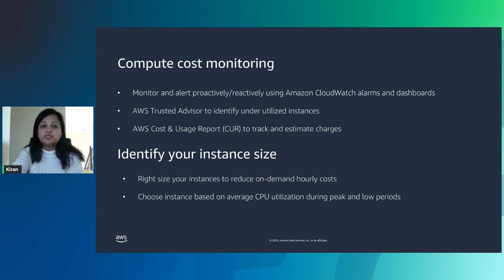Using different tools like Trusted Advisor or the Cost and Usage Report, we can keep track of these reports, and they will provide you an estimate of these charges. Trusted Advisor is a cool tool that not only provides cost optimization, it also fills the gaps in security and performance. It detects any underutilized instances and provides cost optimization techniques that you can use to save cost.